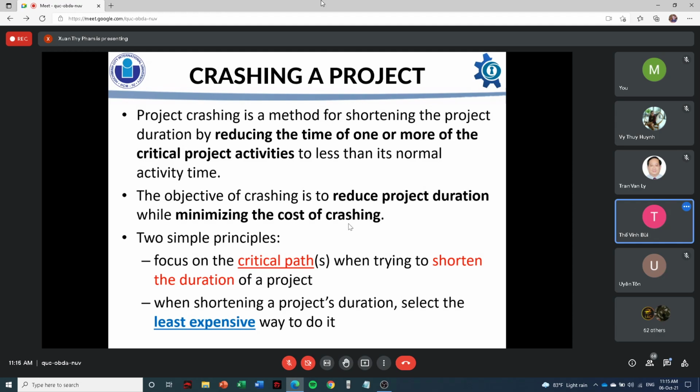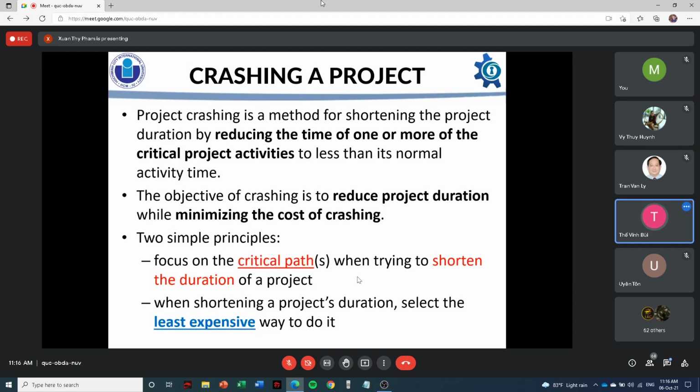So we want to minimize the crashing cost, also with a mathematical model or constraint. Two simple principles: first, focus on the critical path when trying to shorten the duration of a project. The second is, when shortening a project duration, select the least expensive way to do it.